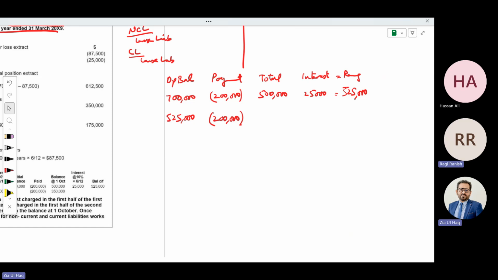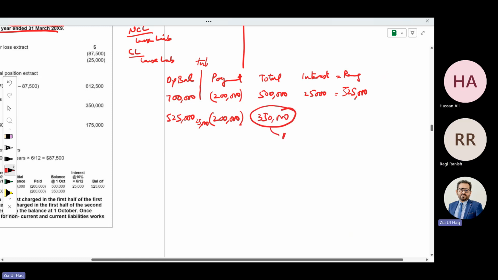In this value, we need to make one more interest column here. Obviously, here there was no interest payment, but there will be some interest payment. The remaining 25,000 will be added here. Now this value will become 350,000.